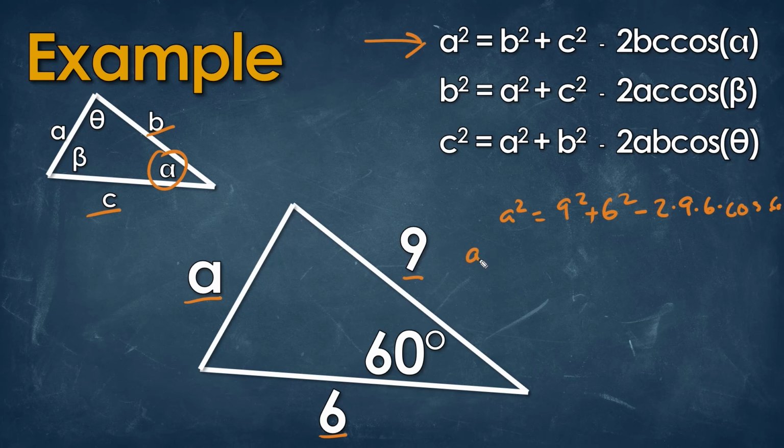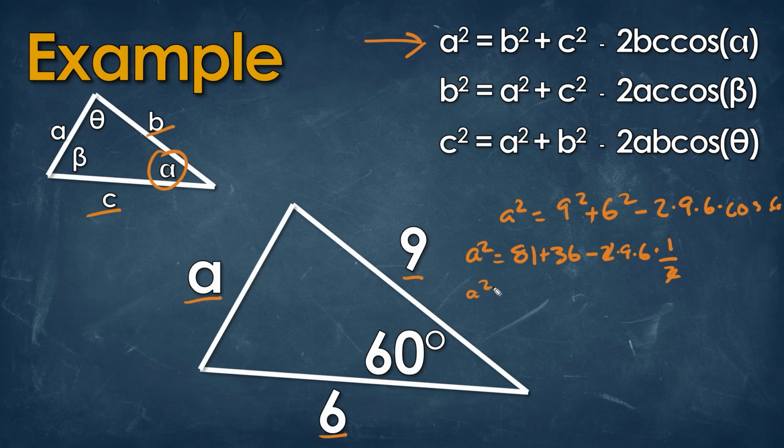Now if we simplify that, A squared is going to be equal to 81 plus 36 minus 2 times 9 times 6. I didn't simplify this because I know the cosine of 60 is 1/2, and then I could just cross out the 2 and the 2.